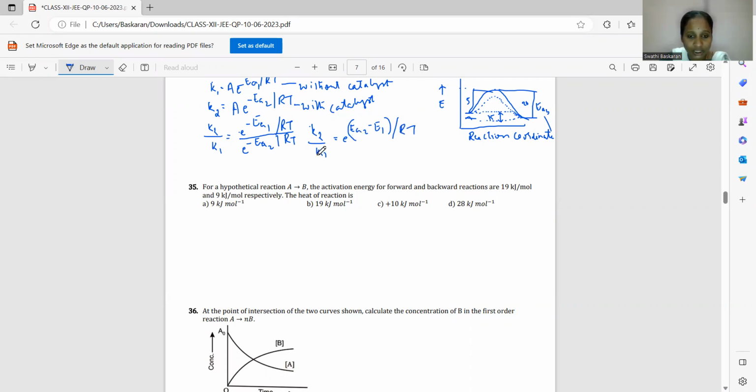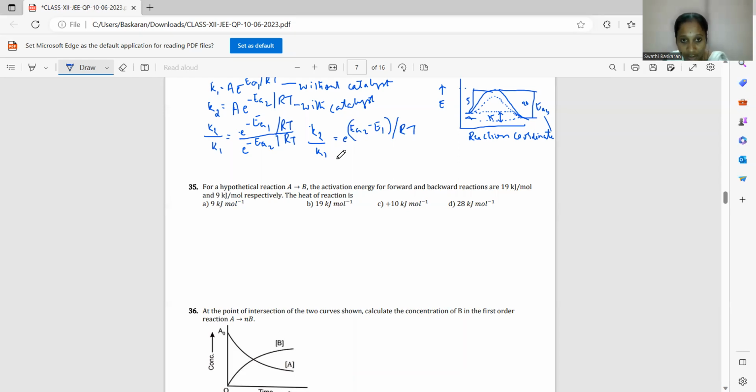Now we know the activation energy EA2. EA2 is with catalyst. With catalyst, the forward is becoming less, so that is 3. And EA1 we have determined to be 5 kilocalories per mole. Substituting those values, you get the answer.